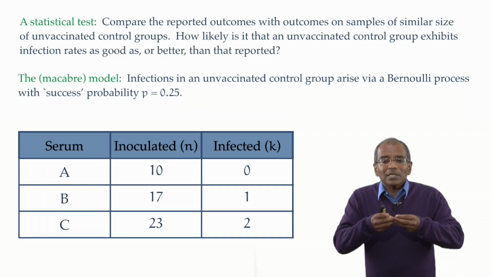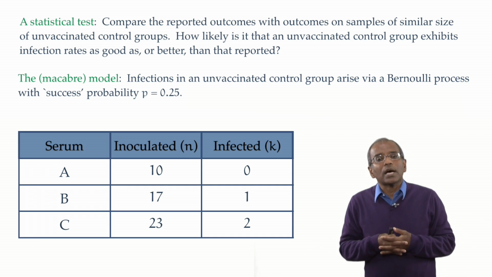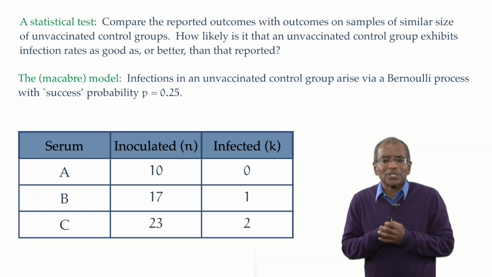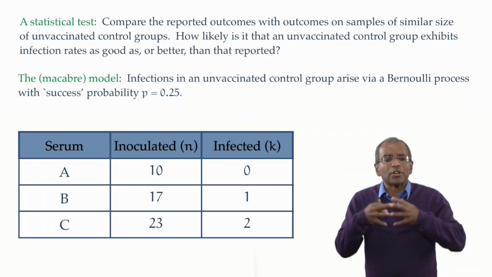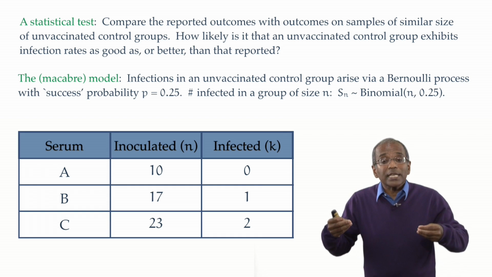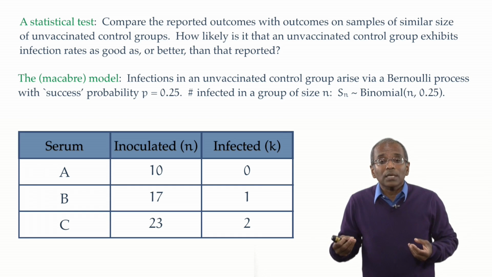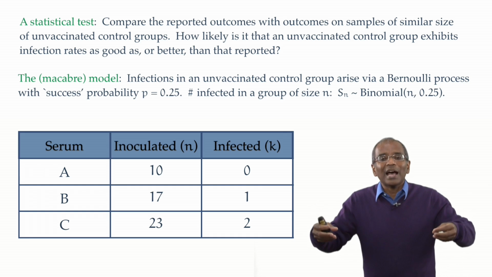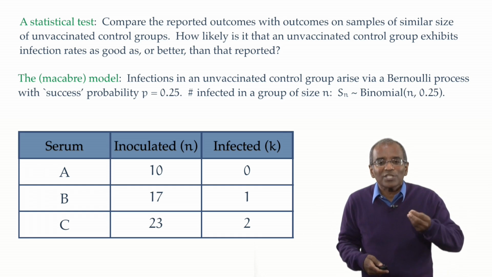Now, suppose we consider a control group of size n, because in our 3 sera we have different sizes of test groups. So let's try to do this in general for a group of size n. What we're dealing with is a sequence of n Bernoulli trials with success probability 0.25. We're looking at n cows and asking how many of those cows fall sick.